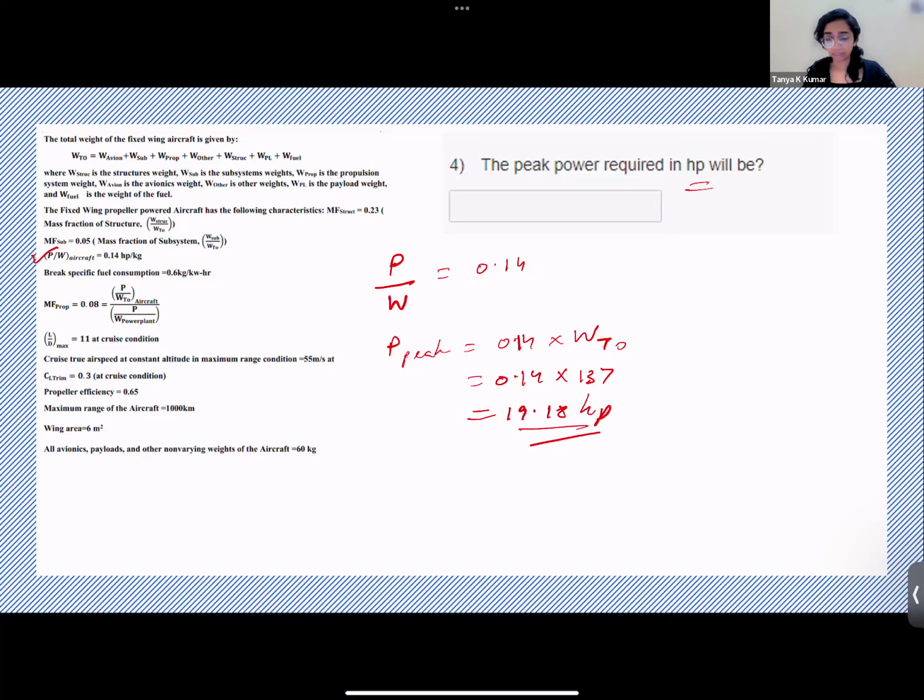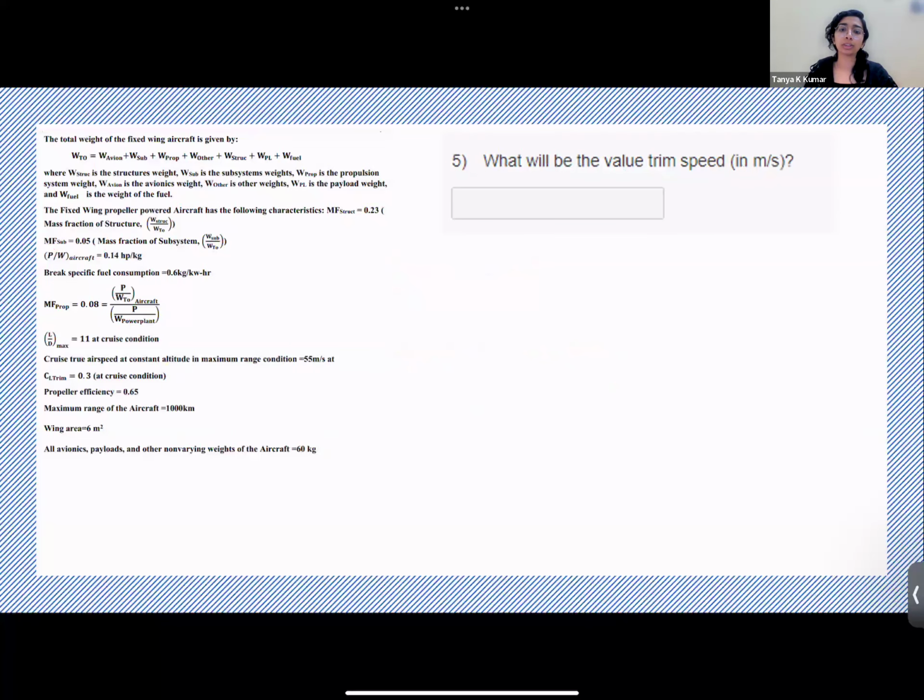Okay, very simple. Next, what will be the value of trim speed? V trim. That is what they've asked you to find out. Look at what is given to you in the question and then try solving this.